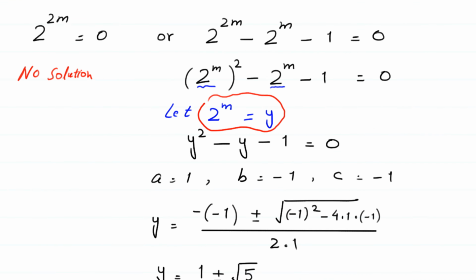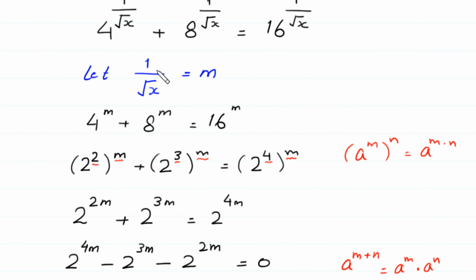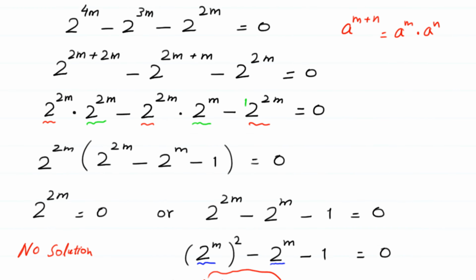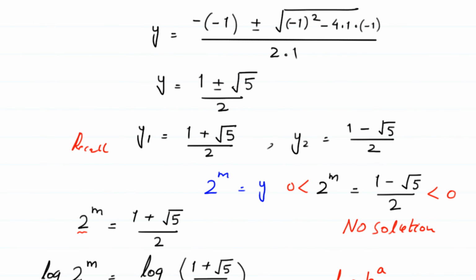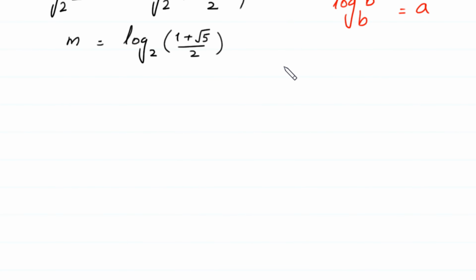Now recall that we have supposed that 1 over square root of x is equal to m.